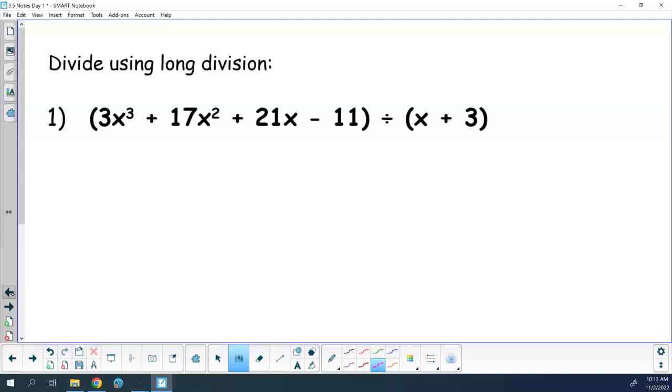Still done the exact same way. So how we go about doing this is the dividend, what we're dividing in, goes on the inside, and the divisor goes on the outside.